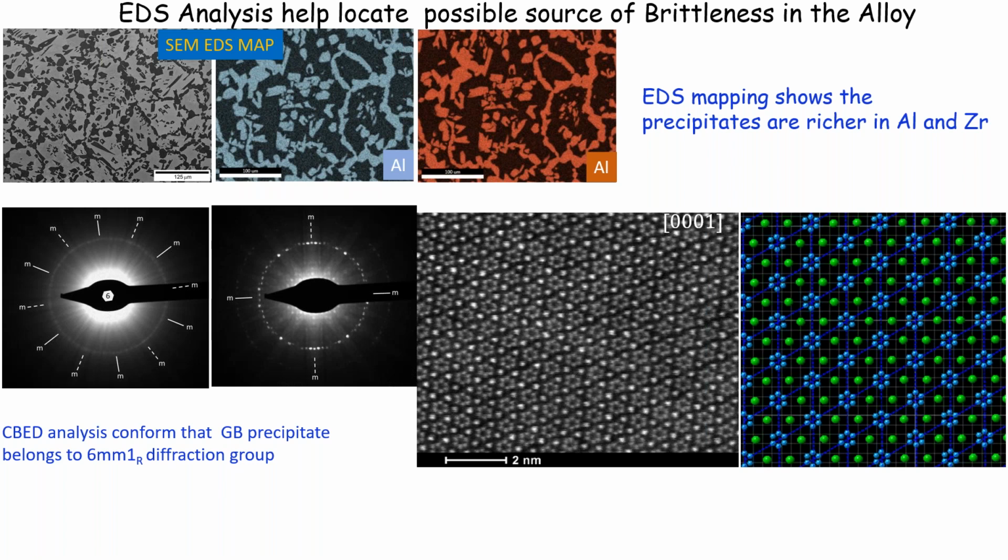So we determined what is actually the crystal structure of those precipitates, and we could take it all the way to the high resolution image. We know exactly the structure of the precipitates. So the whole point was that in this case, the EDS analysis helped to locate the source of brittleness in this alloy. So now we are in the process of developing an alloy which would avoid these precipitates and which would make it more ductile for applications.